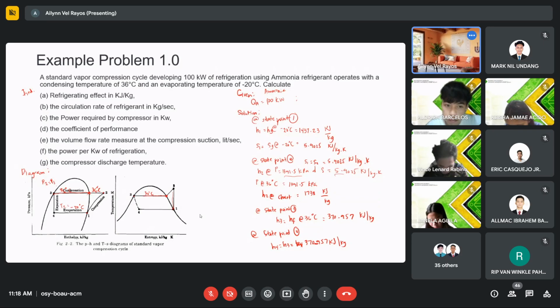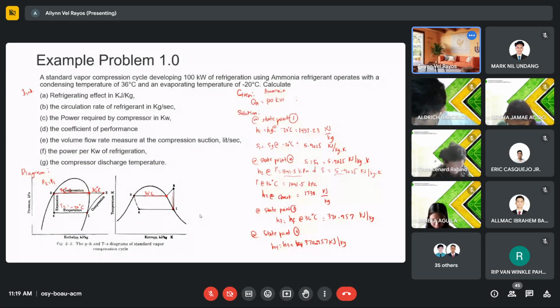How about Keisha? Letter E. E is volume flow at the suction. That's the answer. Keisha?